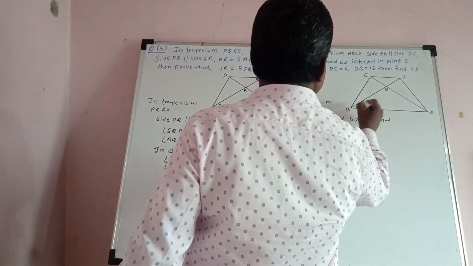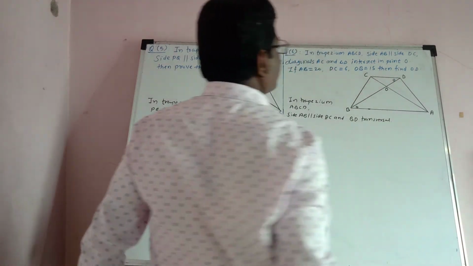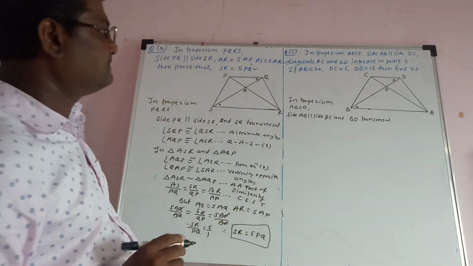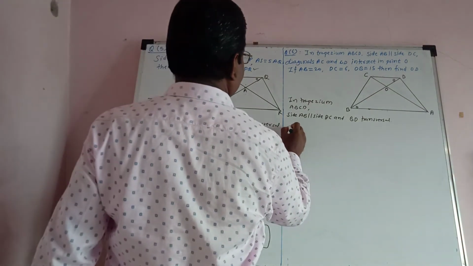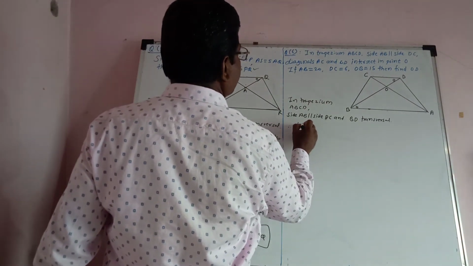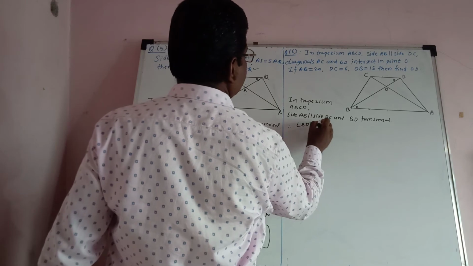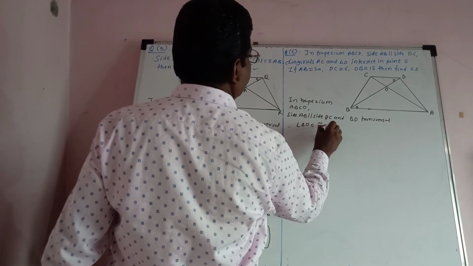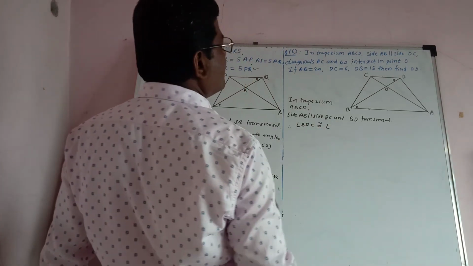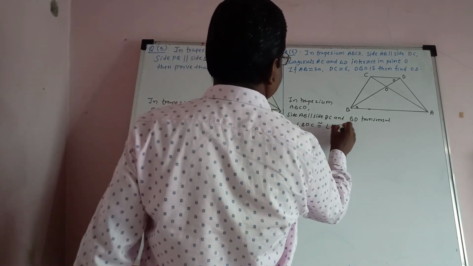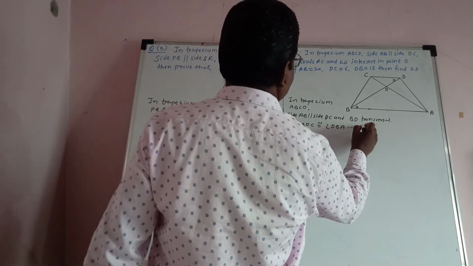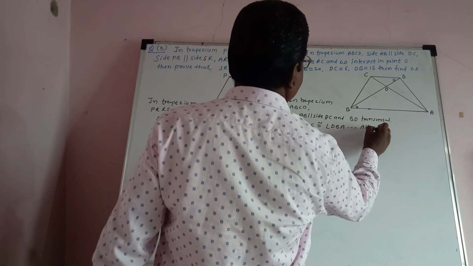Therefore these two angles are alternate angles. Therefore we write angle BDC congruent angle DBA. Reason is alternate angles.